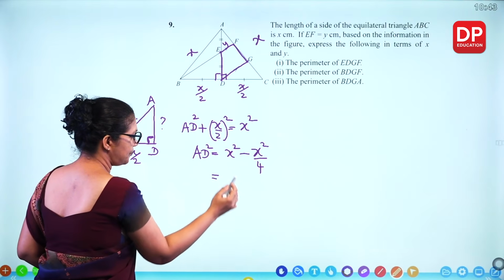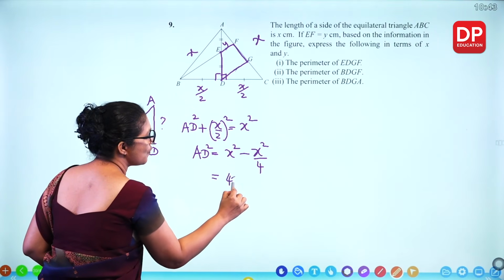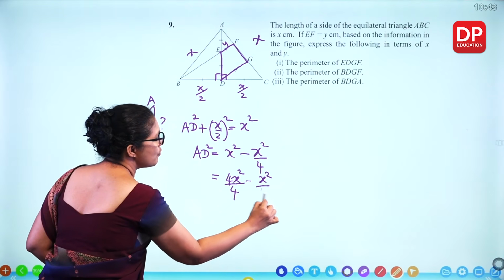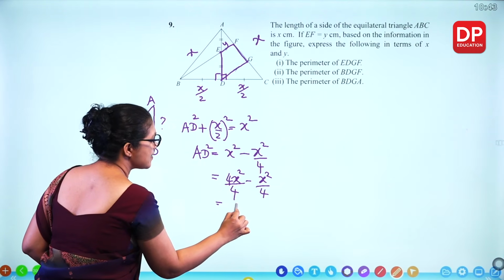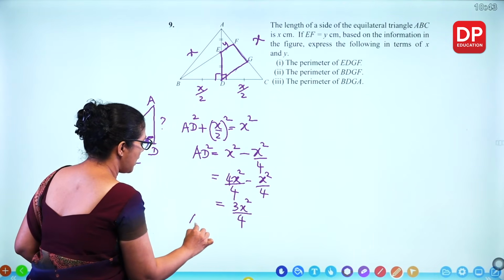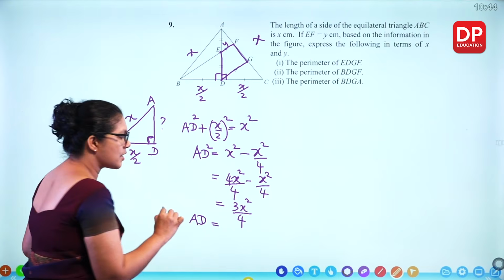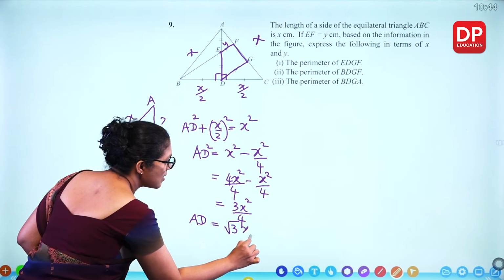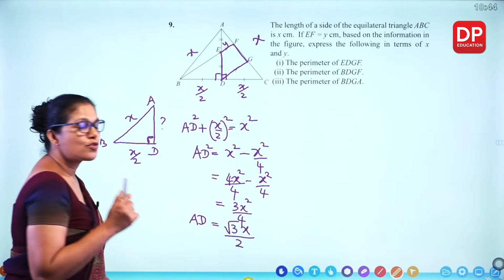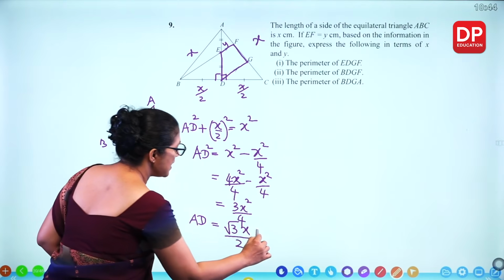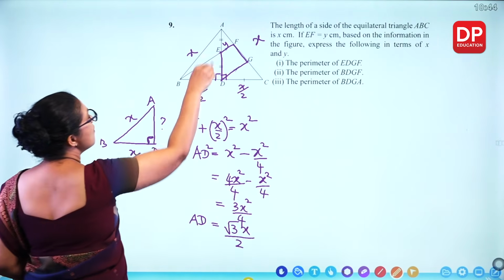Then I can write 4x squared over 4 minus x squared over 4. 4x squared minus x squared, I get 3x squared over 4. Then when I take the square root, I get root 3 x over 2. Square root of 4 is 2. So AD is this value.